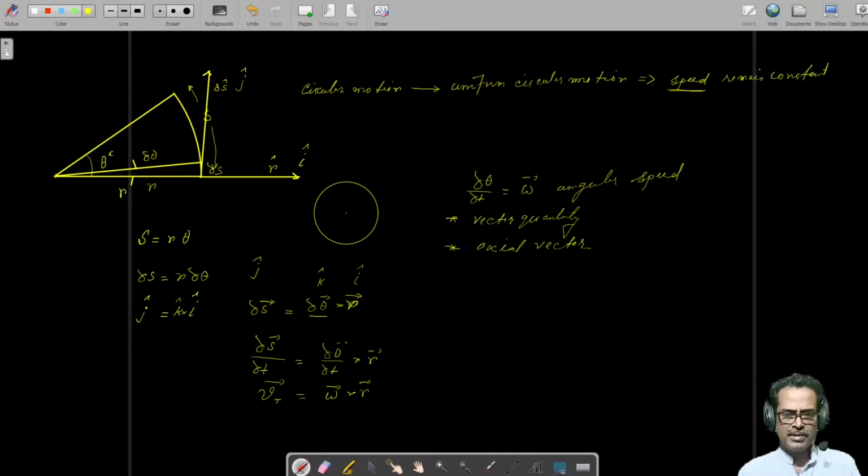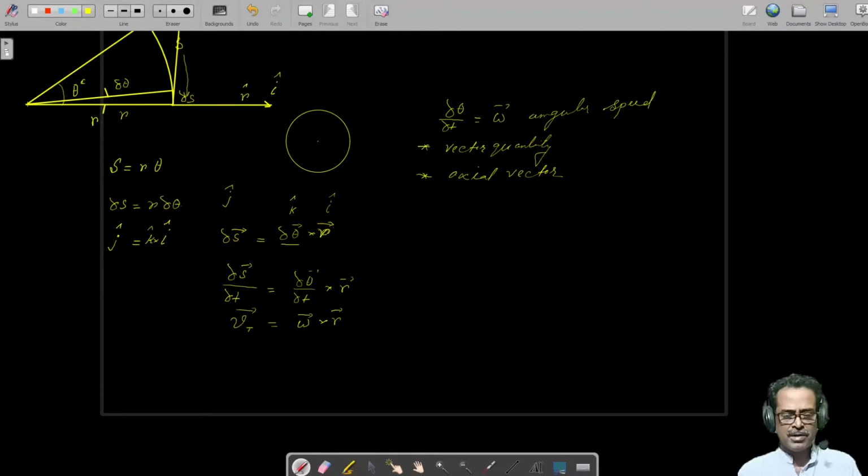If this is the circle and the center, then the direction of theta is along this direction, R along this direction and S is along this direction. This is I, this is J, and this is K. You can derive it by this method.